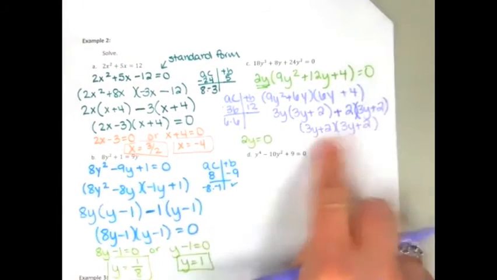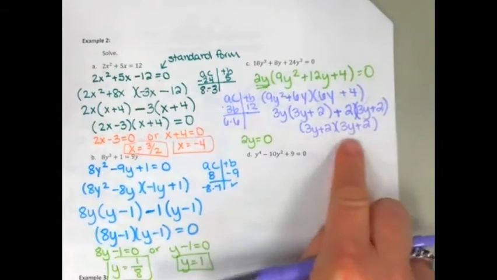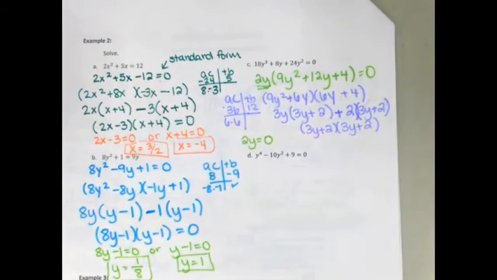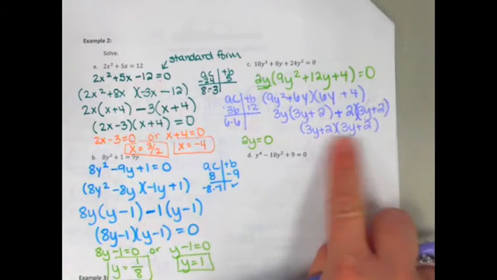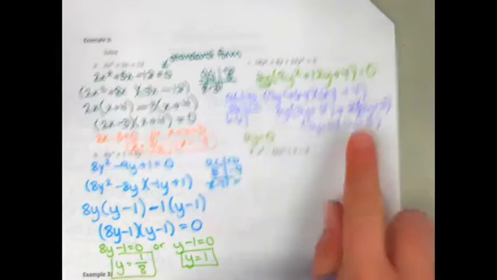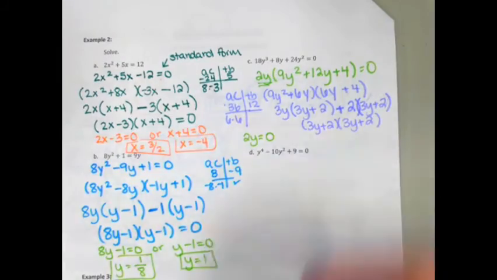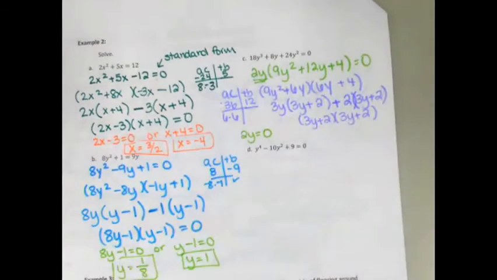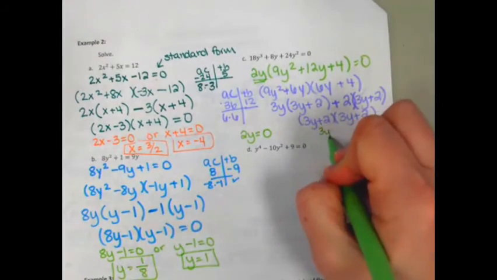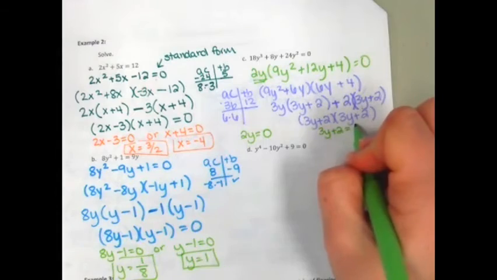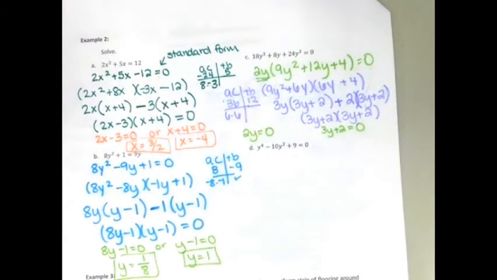What do you guys notice about these? They're the exact same, aren't they? So how many actual answers are we going to get from this? Just one, because they're going to be the same, aren't they? Yep. So there are only going to be 2 answers in this sense. Yes, exactly.